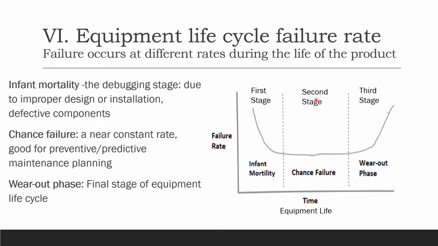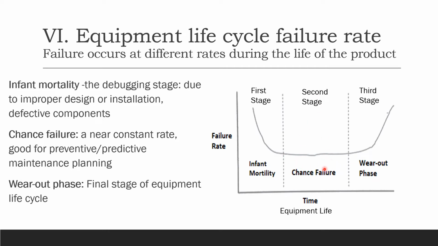So chance failure is the second stage. That's a near constant rate because you're using your equipment and it's functioning. It's also good for preventive and predictive maintenance planning. So we study equipment life and the second stage heavily.